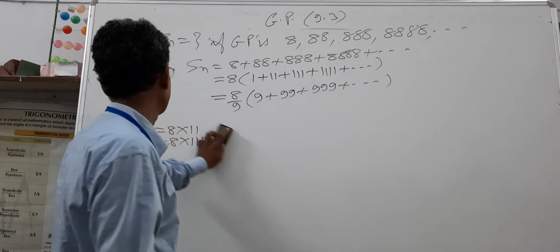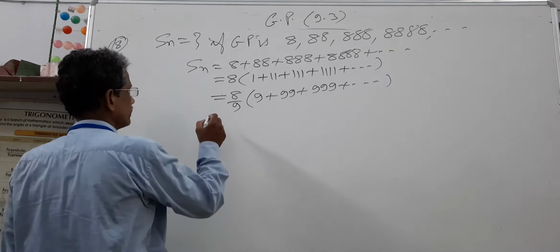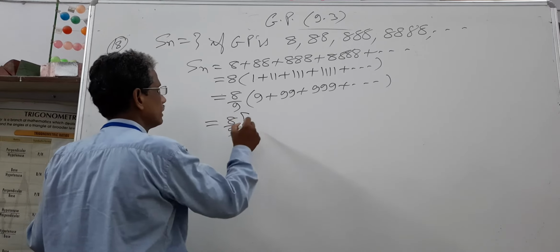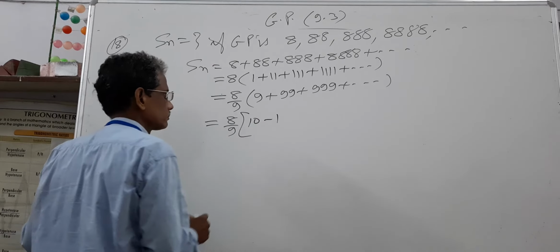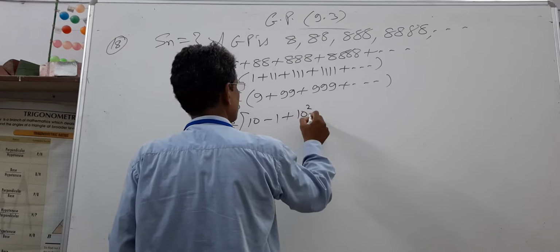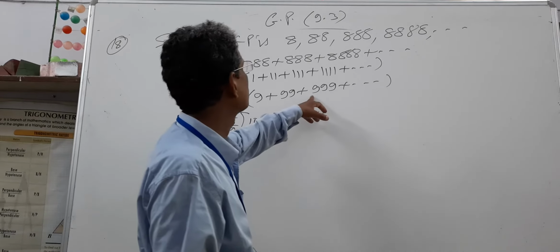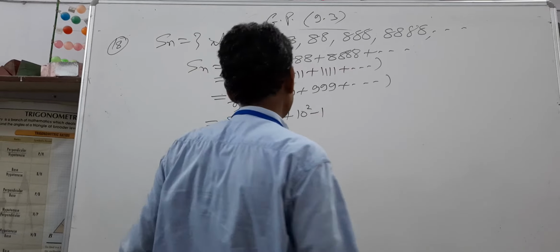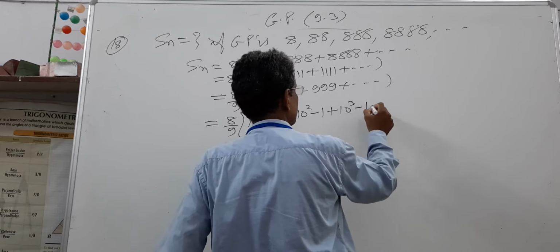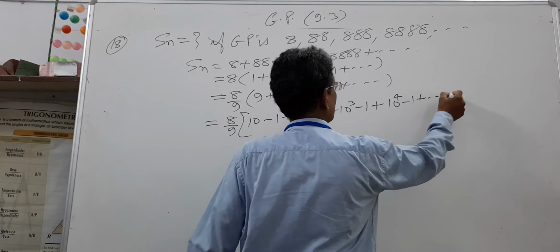Now convert: 9 is equal to 10 minus 1, so it is 8 by 9 into (10 minus 1) plus 99 means 10 power 2 minus 1, that is 100 minus 1, plus 999 means 10 power 3, 1000 minus 1, plus 10 power 4 minus 1 and so on.